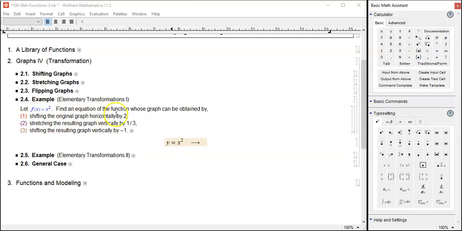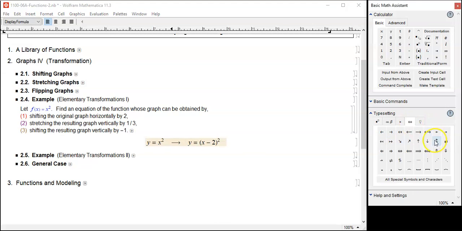Alright, shifting horizontally by 2. So I have to go plus 2 units in the x direction. So inverse operation, y equals x minus 2 squared. Does it make sense?